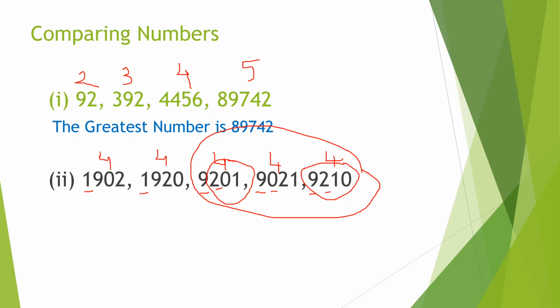So, again, what we have to do? We have to check the next place digit, that is tens place digit. In 9201, tens place digit is 0. In 9210, tens place digit is 1. So, definitely 1 is greater than 0. So, which is the greatest number? The greatest number is 9210.